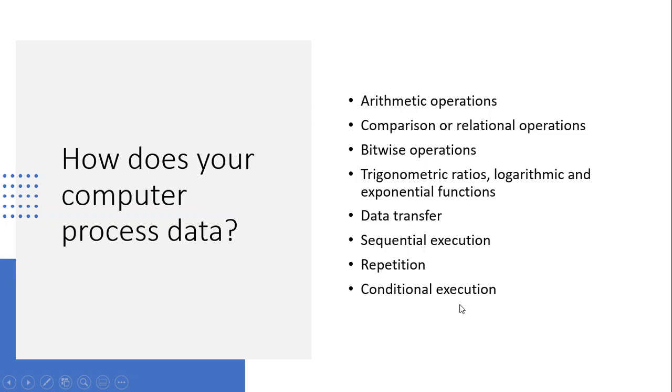Computers can test a condition, whether a certain condition is true or not, and then execute a certain code. For example, if we go back to our example of the air conditioner, the computer code inside the air conditioner's microprocessor can test whether the room temperature is greater than the set temperature or not. If the room temperature is greater than the set temperature, then turn on the compressor. If the room temperature is less than the set temperature, then do nothing.